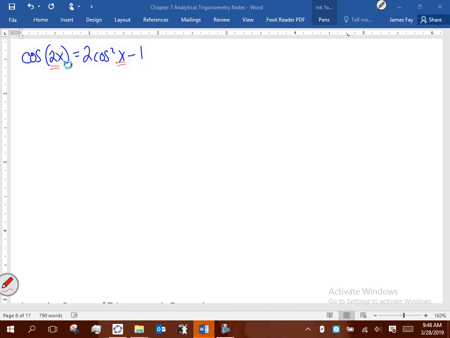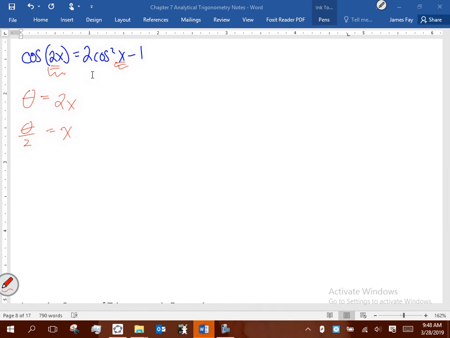We don't know what 2x is, obviously because we don't know what x is. So let's just say 2x is theta. If 2x is theta, what would x be? Theta over 2, right? It's just a redefine. We're not changing anything. We're just redefining our variables.